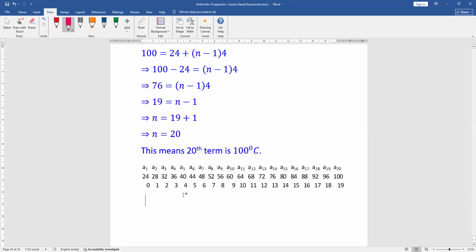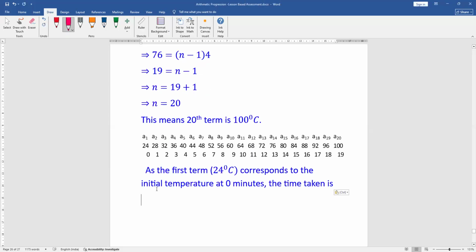Now what I do is, 24 degree corresponds to 0. So it corresponds to the initial temperature at 0 minutes. The time taken is how much?